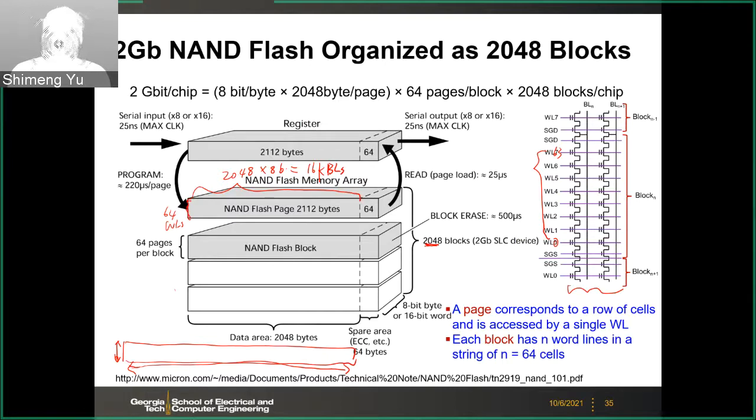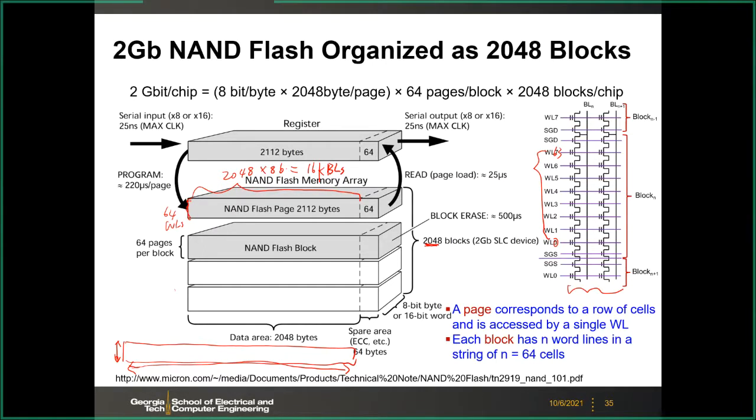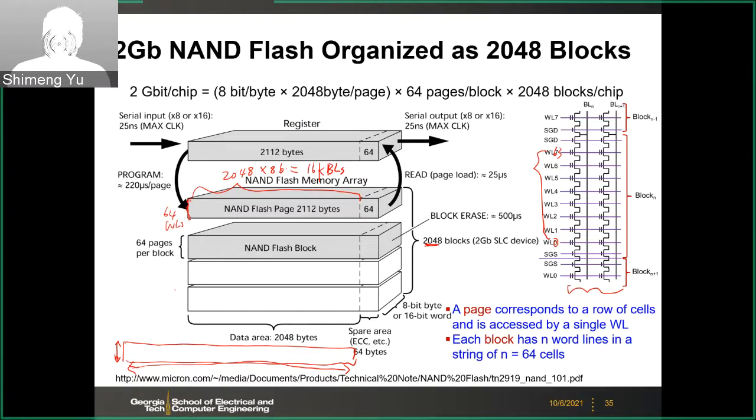Therefore, you cannot allow the word line to be too long in the DRAM, because RC delay will limit your speed. And for the NAND flash, it's slow anyway. We will discuss that later. So you can tolerate a relatively longer word line delay. That means you can have more bit lines in one block.